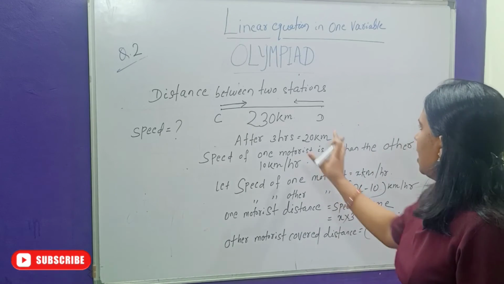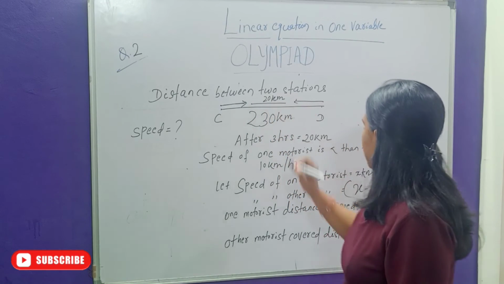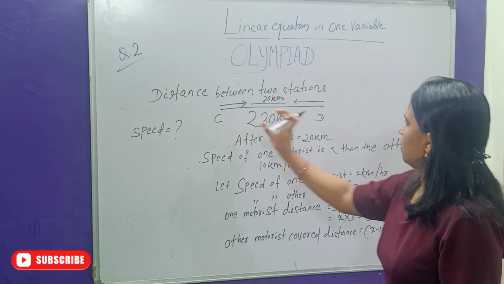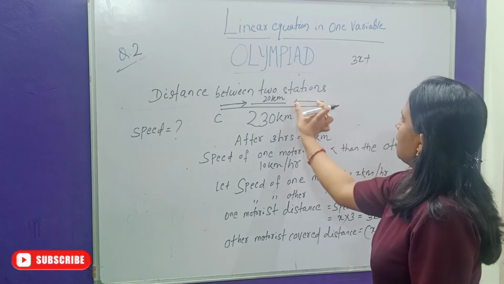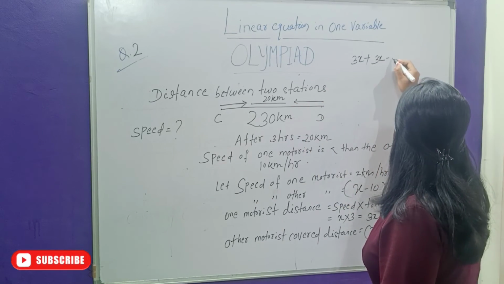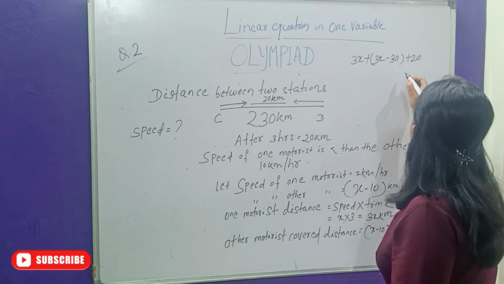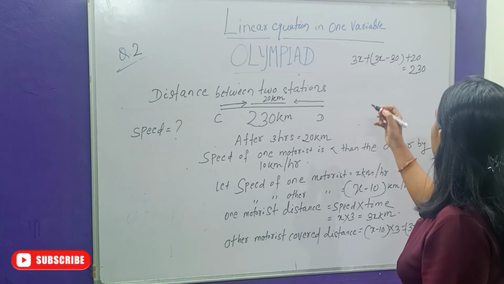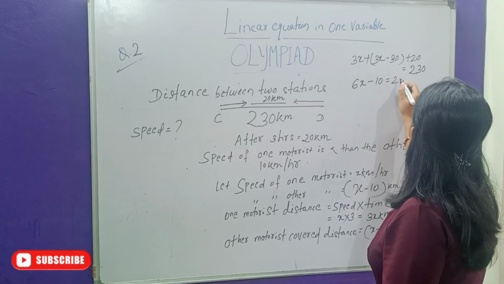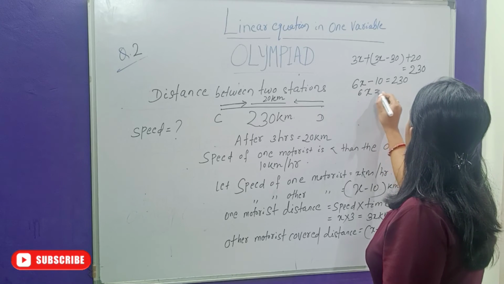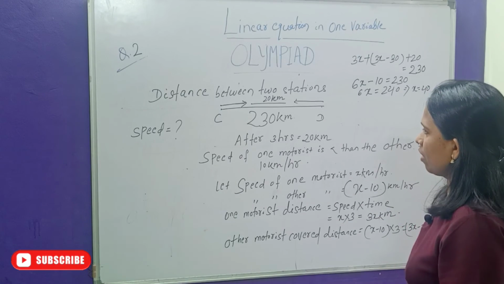The total distance is given as 230 kilometers, and the distance in between is 20 kilometers. So one motorist covered 3x, the other 3x minus 30, plus 20 is equal to the total distance, 230. So 6x minus 10 is equal to 230, so 6x is equal to 240, which implies x is equal to 40.